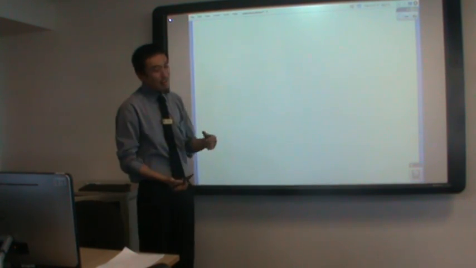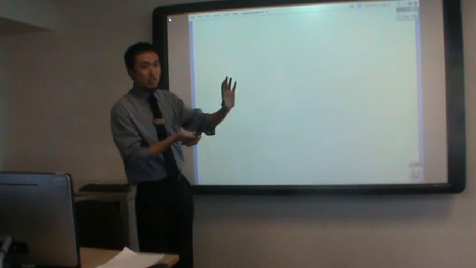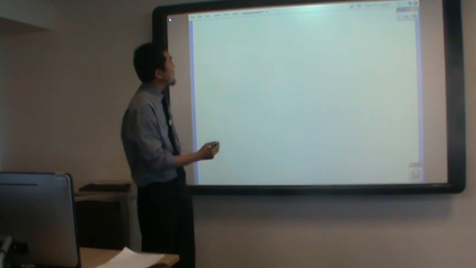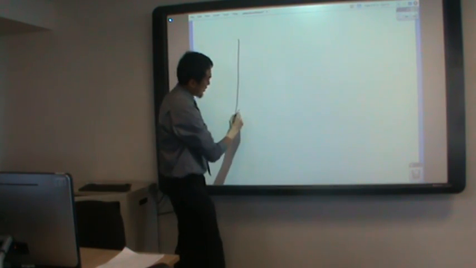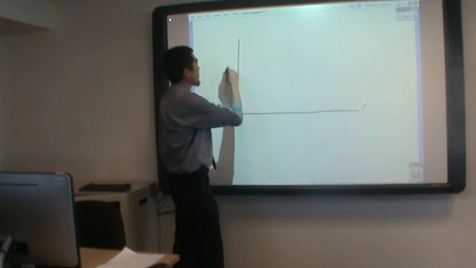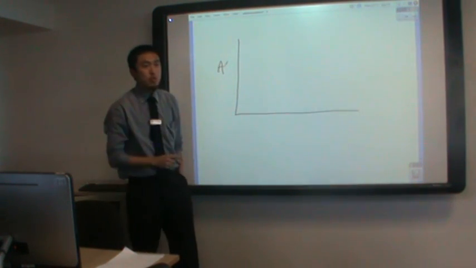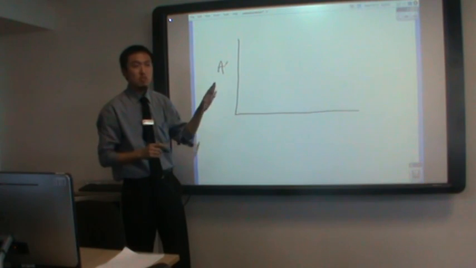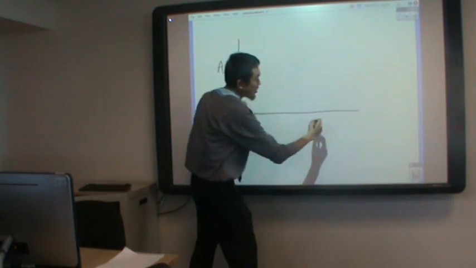Okay, and then now I'm going to apply both of these together to the world, and I'm going to plot a graph. This is just some kind of arbitrary or scaled units, and this is time.